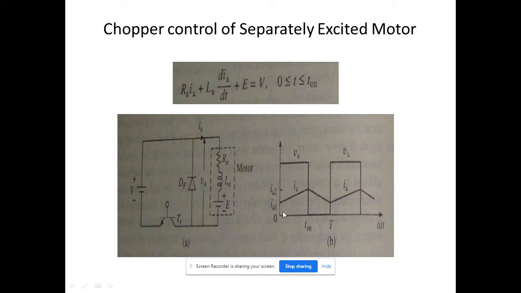So during T on period, the output voltage is V and the current is from Ia1 to Ia2, and during T off period, the current decreases from Ia2 to Ia1, and the voltage across the motor is 0.